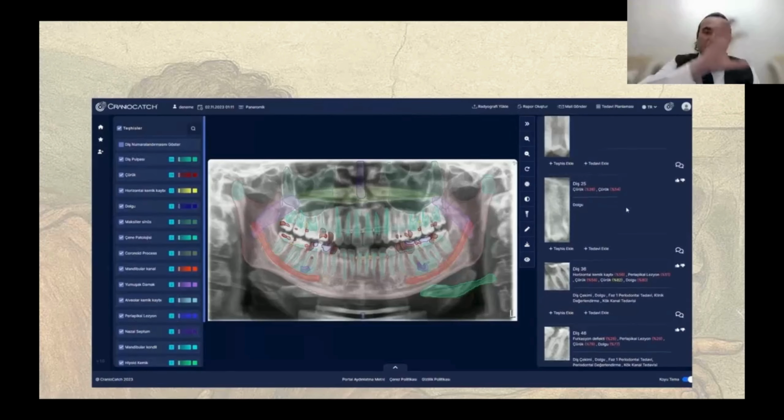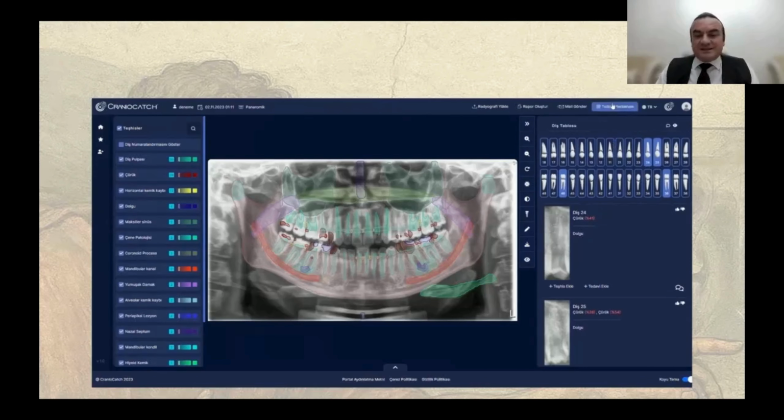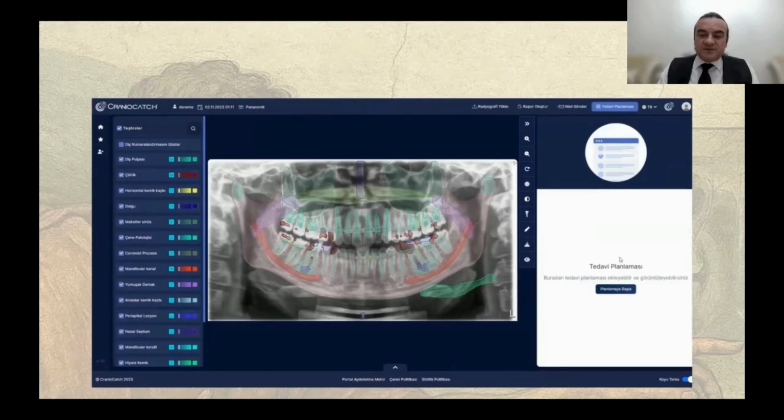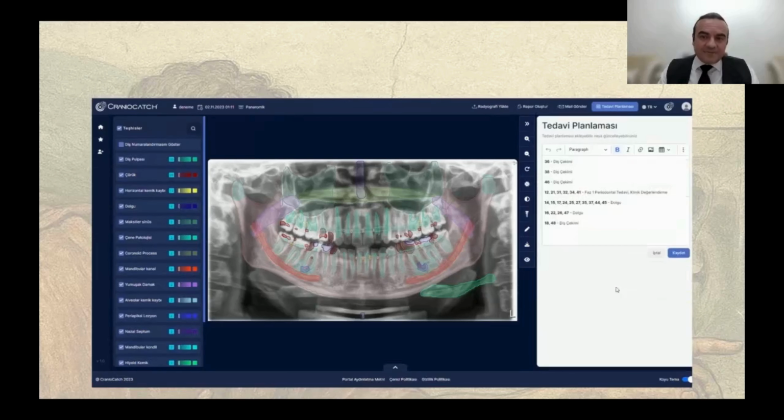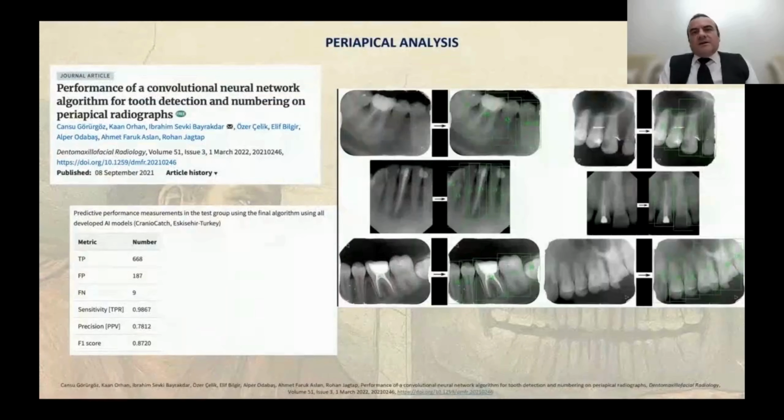And we can also make the segmentation on the 2D images quite nicely. Let me show you different kinds of examples for this purpose. As I mentioned, we started with tooth detection and numbering on panoramic radiographs, and we achieved quite nice scores, especially 0.98 for the tooth numbering.